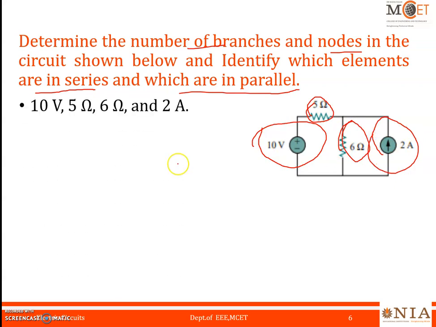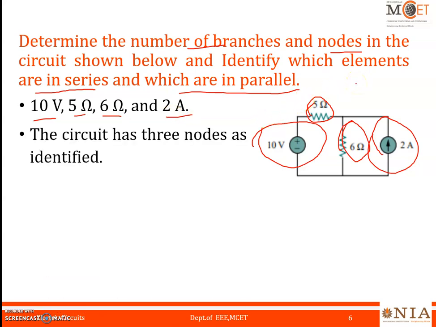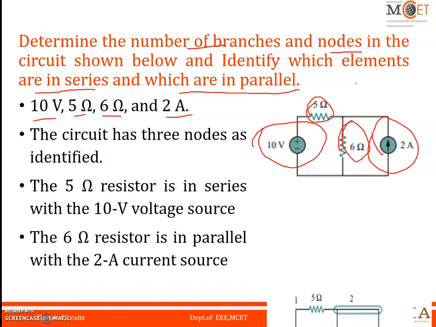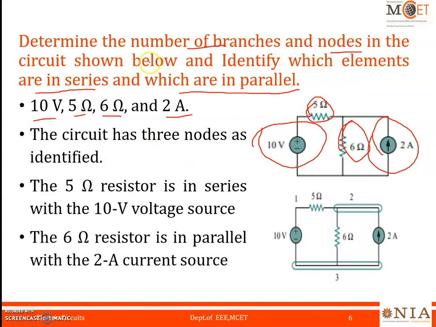That means there are 4 branches available. As far as nodes are concerned, it has 3 nodes: this is the first node, this is the second node, and this is the third node. Now, the 5 ohm resistor is in series with the 10 volt source, because the same current is flowing through them. The 6 ohm and 2 ampere are in parallel with each other.